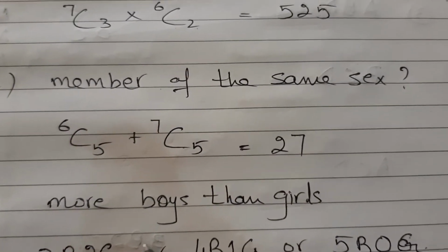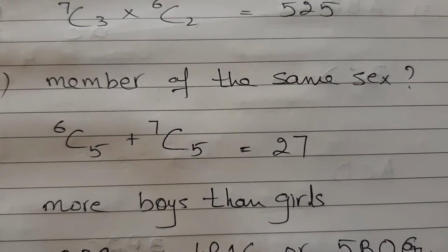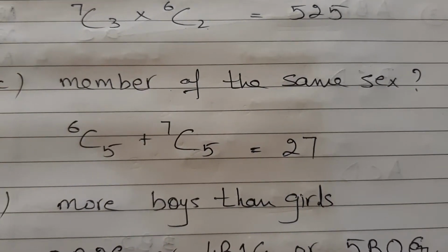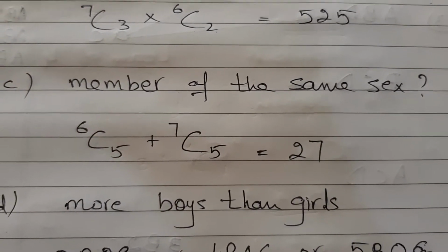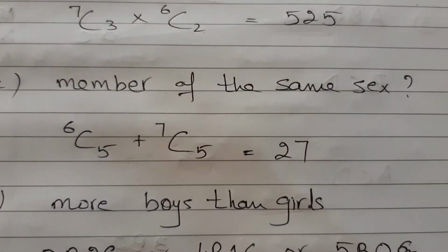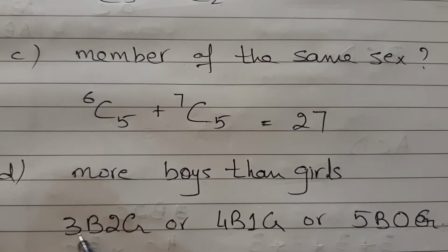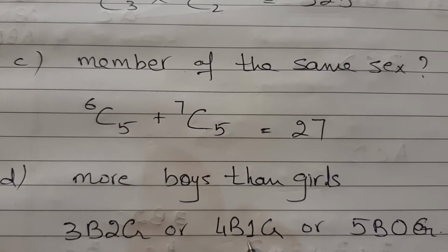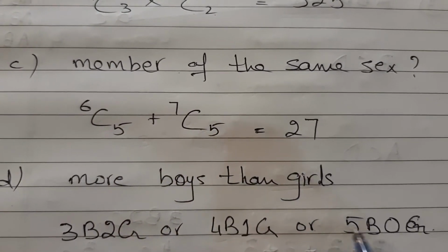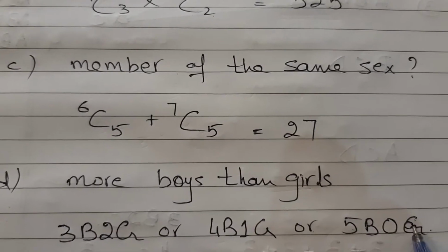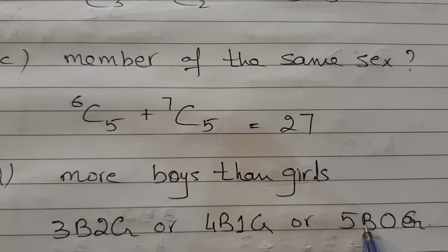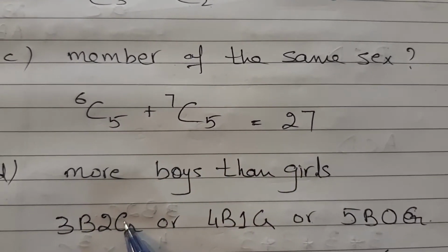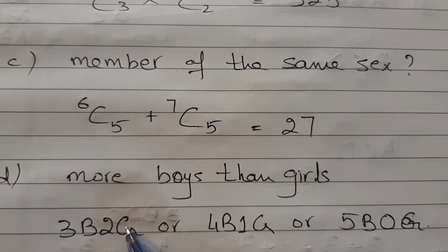Okay, so now the next part is saying more boys than girls. Now if you have to select 5 members and you are saying more boys, what does it mean? Very simple. 3 boys and 2 girls, or 4 boys and 1 girl, or 5 boys and 0 girl. So these are 3 possibilities when you will have a committee of 5 members.